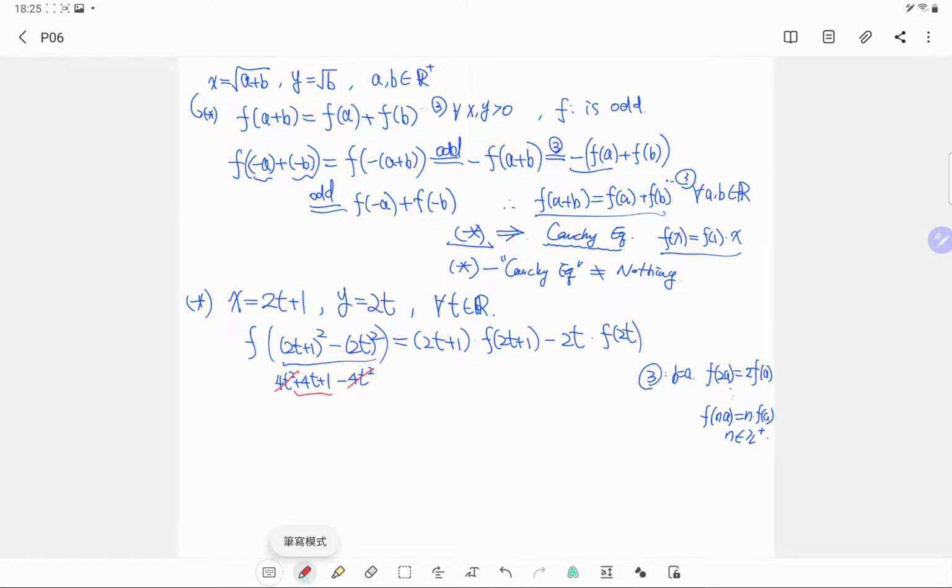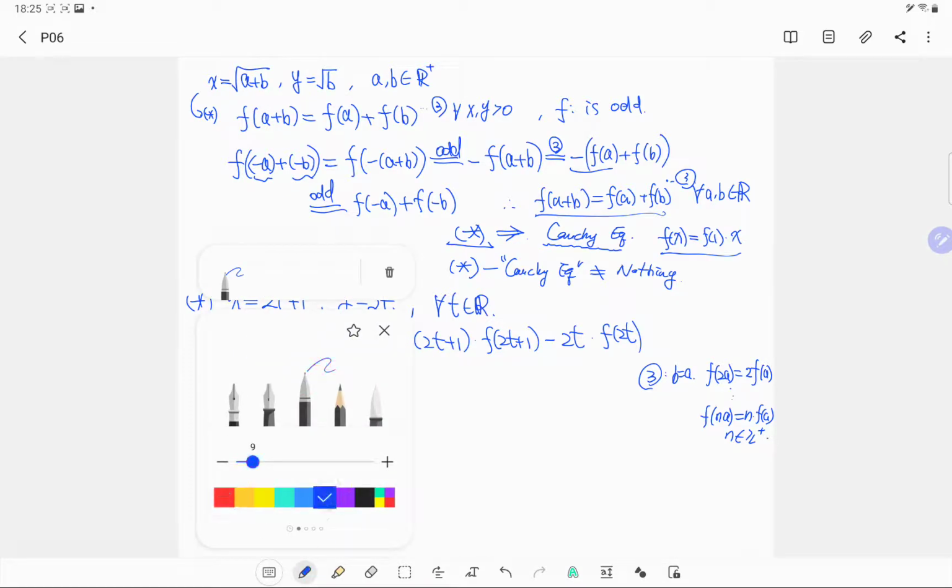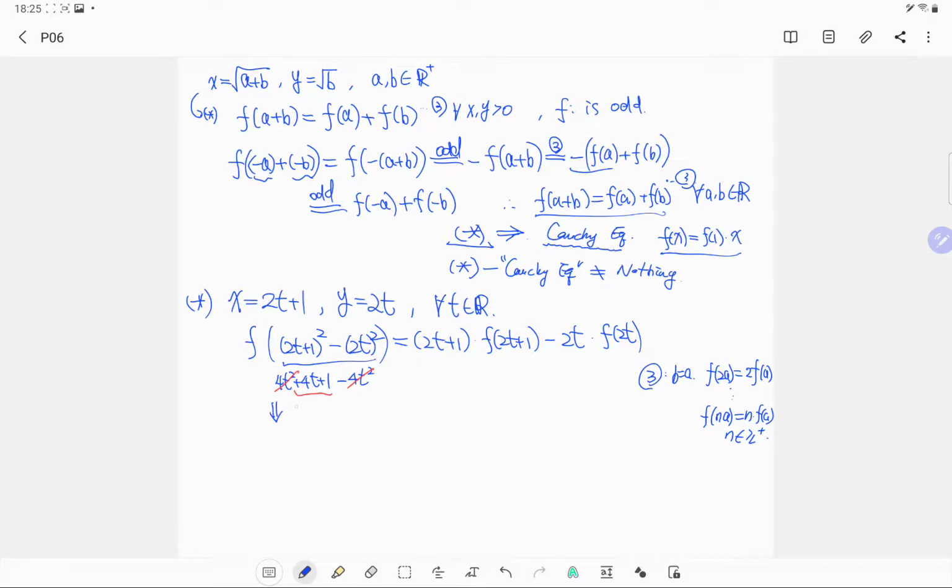And in equation 3, we can make a to be 4t, b to be 1, so that we will have f of 4t plus f of 1. And further, we can have f of 4t equals 4 times f of t, plus f of 1.